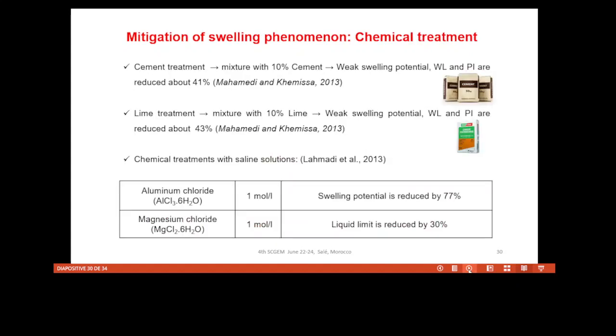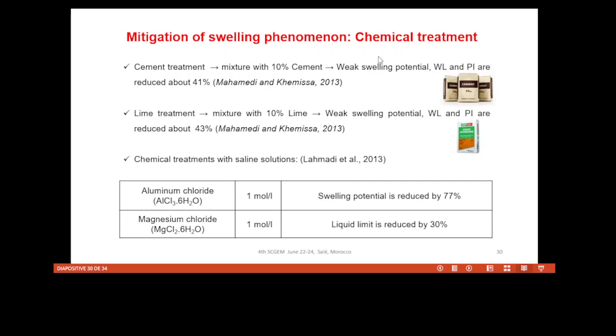these are some indications. The mitigation using chemical treatment, after work by Mohammadi and Kamisa from Algeria. So we can use, for example, lime treatment, cement treatment, and some recommended percentage, for example here 10% of cement, and weak swelling potential.